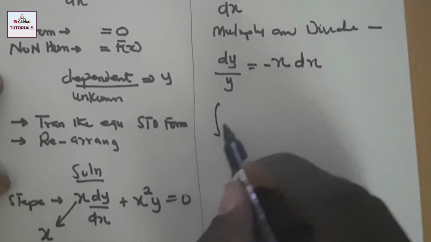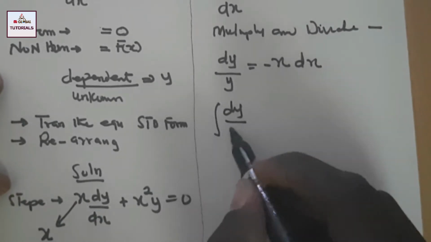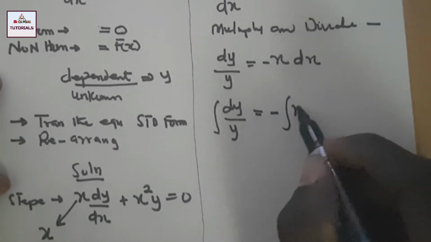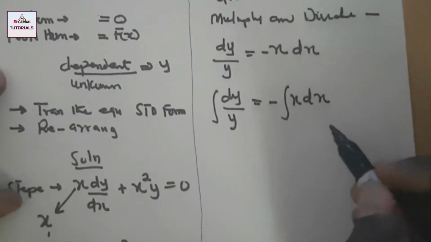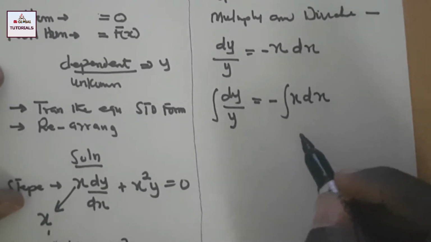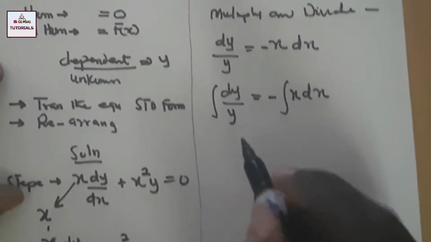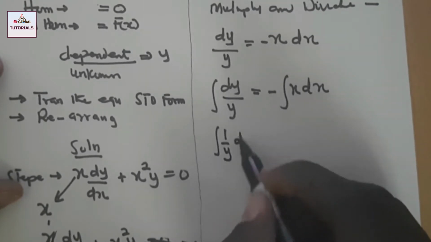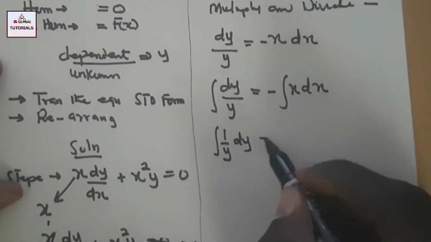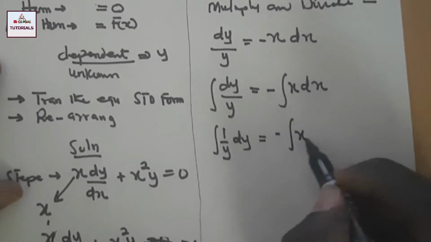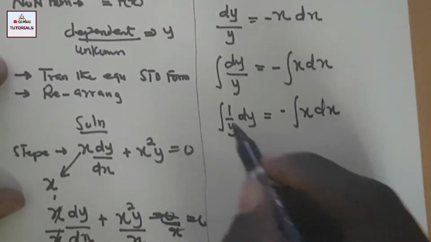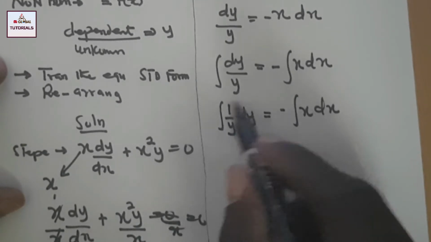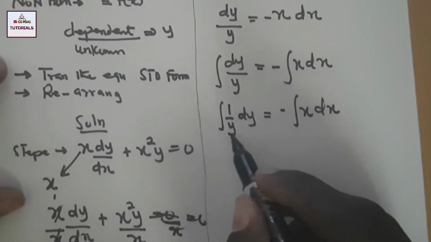So when you integrate, dy over y equals minus the integral of x dx. It's very simple here. dy over y is the same as 1 over y dy equal to minus x dx. And 1 over any variable gives us ln of the variable.